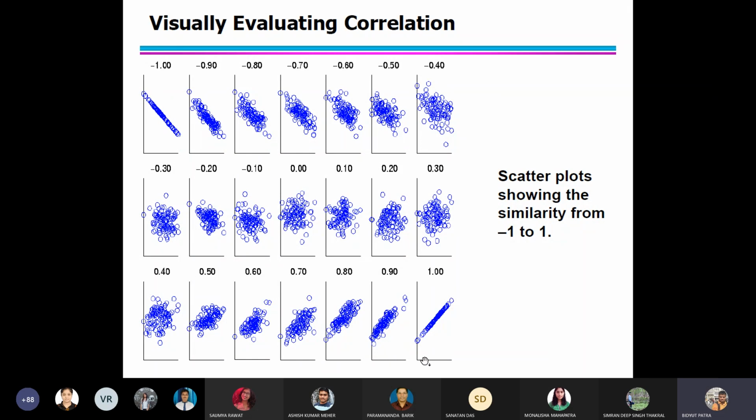As you can see, x is increasing here, y is increasing here, and both x and y are increasing in the positive direction. Therefore the variables are positively correlated, and that value is maximum, that is 1. This part I will explain in the next class.